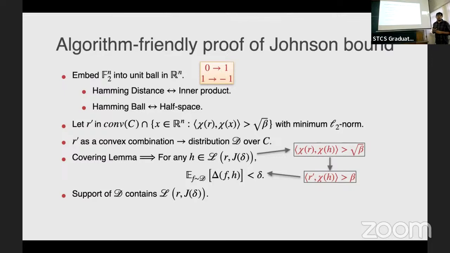That's just the code property: the distance of H from any non-H code word is at least delta. So on average also it has to be at least delta. If you're giving me a distribution that has distance less than delta, H better be in the distribution. This is why he's using the distance of the code.